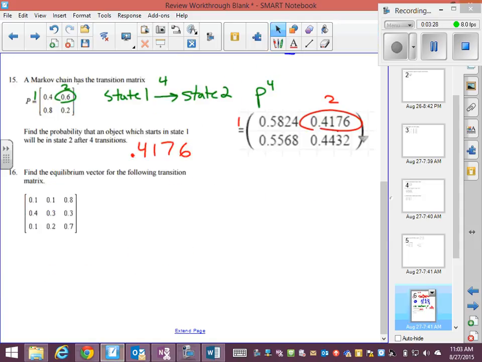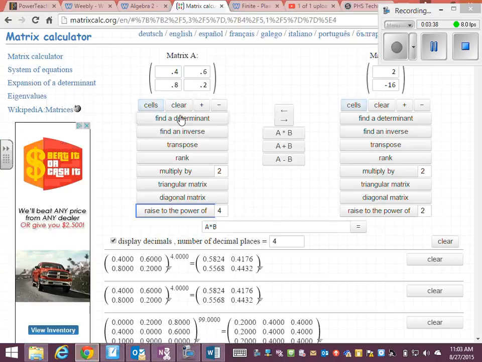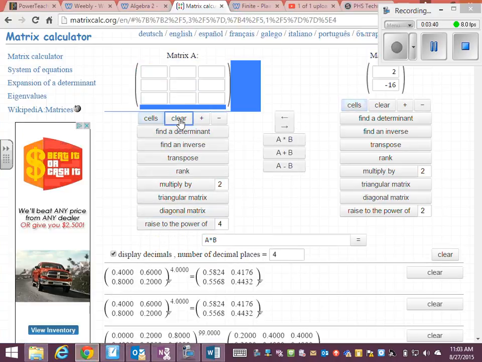Find the equilibrium vector for the following transition matrix. Okay, well the easiest way to do it is to use a calculator. And so that's just what I'm going to do. It is a 3x3.